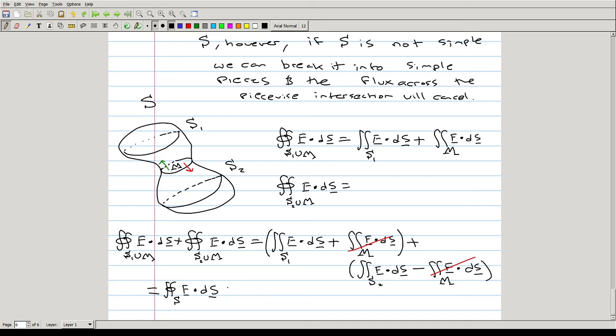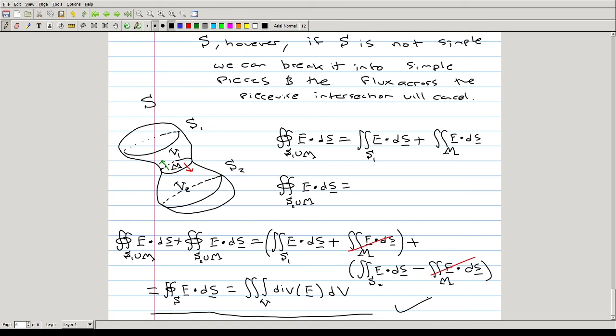and the divergence theorem applied to both S1 union M and S2 union M gives that this is the triple integral of divergence over V1, and this is the same thing as the triple integral over V2 of the divergence of F. So the sum of these two things becomes the triple integral of the divergence of F over the entire space V1 union V2, which is just V. So this is it.